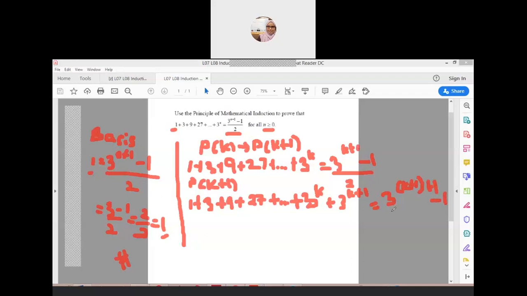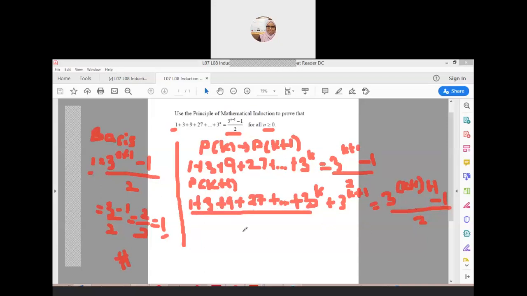So now we have to prove the left hand side is equal to the right hand side. So we get here, this is the original one, right?